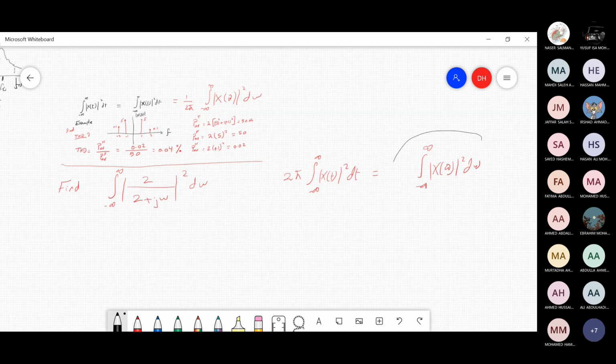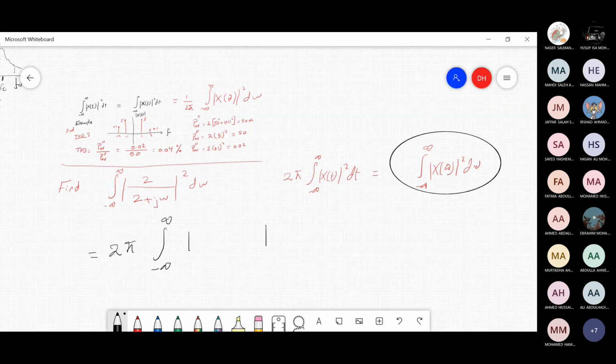Okay, now this one is similar to this. So then I can change this one to time domain, so it is equal to 2 pi integration from minus infinity to plus infinity of dt.